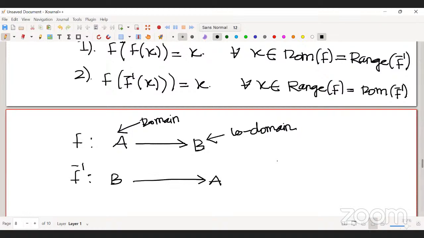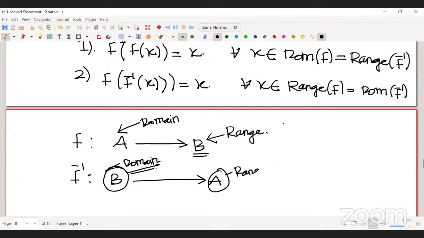It is better to write the range. Here you can assume that the range of f and the codomain of f are the same. So the range of f is the same as the domain of f inverse, and the domain of f is the same as the range of f inverse. That is what I have written here.